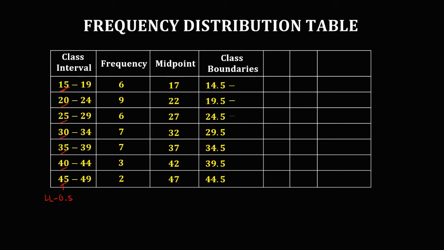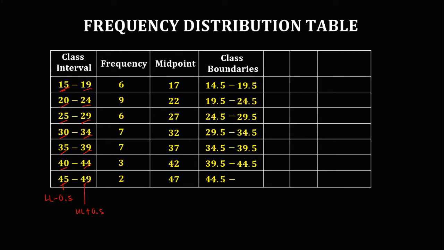Then to get the upper class boundary, from the upper limit, we add 0.5. So 19 plus 0.5 is 19.5. 24 plus 0.5 is 24.5. 29 plus 0.5 is 29.5. 34 gives 34.5. 39 gives 39.5. 44 gives 44.5.